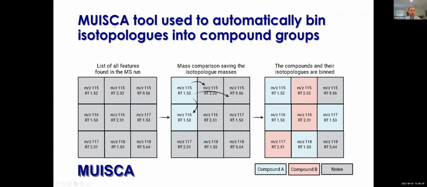We then applied our untargeted software tool, which we're calling Muisca, to automatically bin all of those features according to isotopolog series into compound groups. So the way this works is the software looks for features that have similar retention times and also appear to have mass shifts or progressions in mass that are consistent with incorporation of C13 or N15, as the case may be, and then groups those together into compounds by binning those isotopologs and in some cases their adducts together.